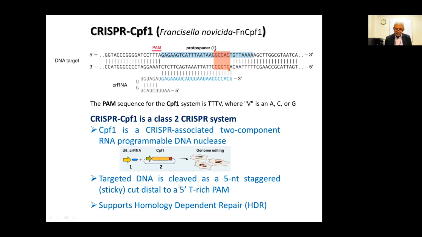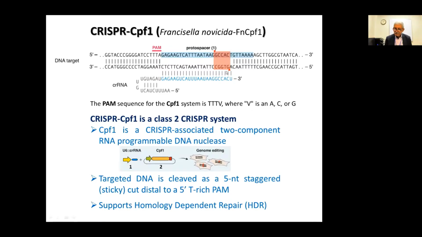Okay. Target DNA is cleaved as a 5 nucleotide staggered sticky cut distal to the 5' PAM. So it is always away from the PAM site where the cut is placed. Again, you can recognize the site on the target sequence when you are designing the protospacer there.